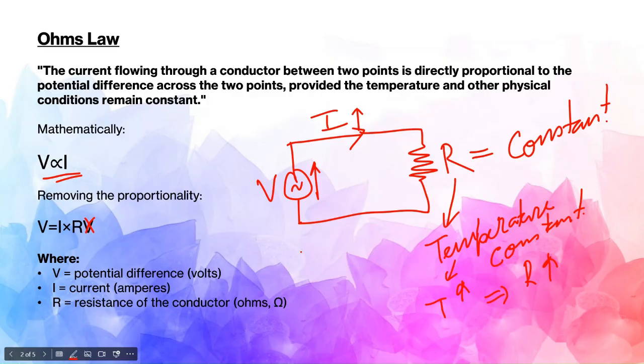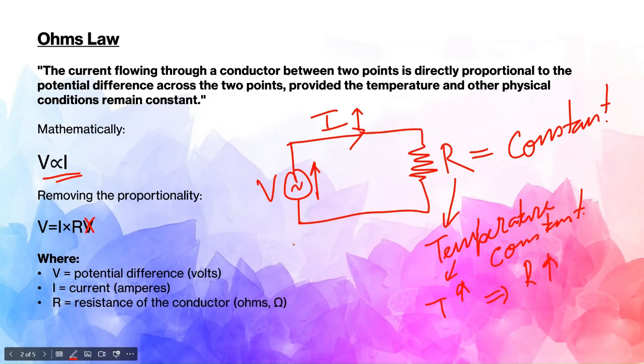One of the most important parameters which stops the flow of electrons is temperature, because when the temperature increases, the vibration of the atoms increases, and that is the reason why the flow reduces.